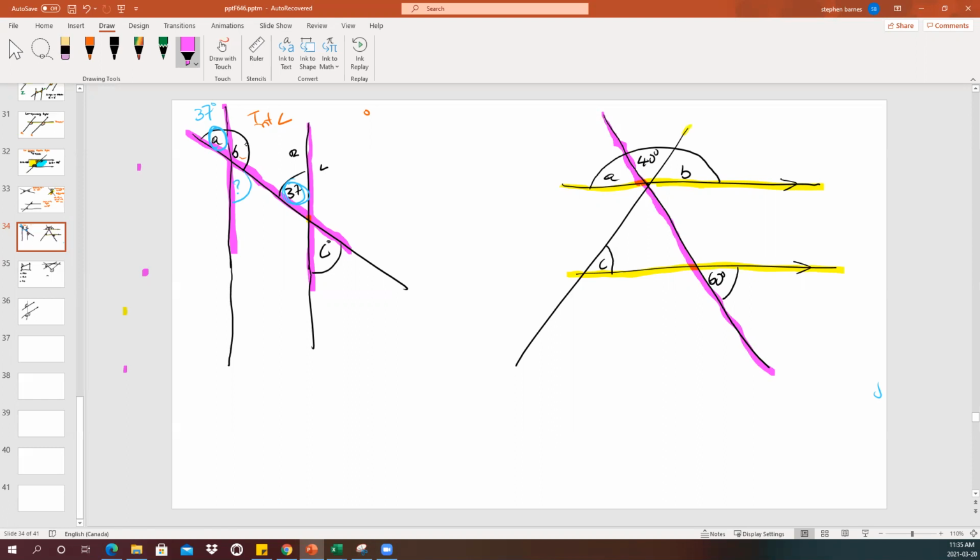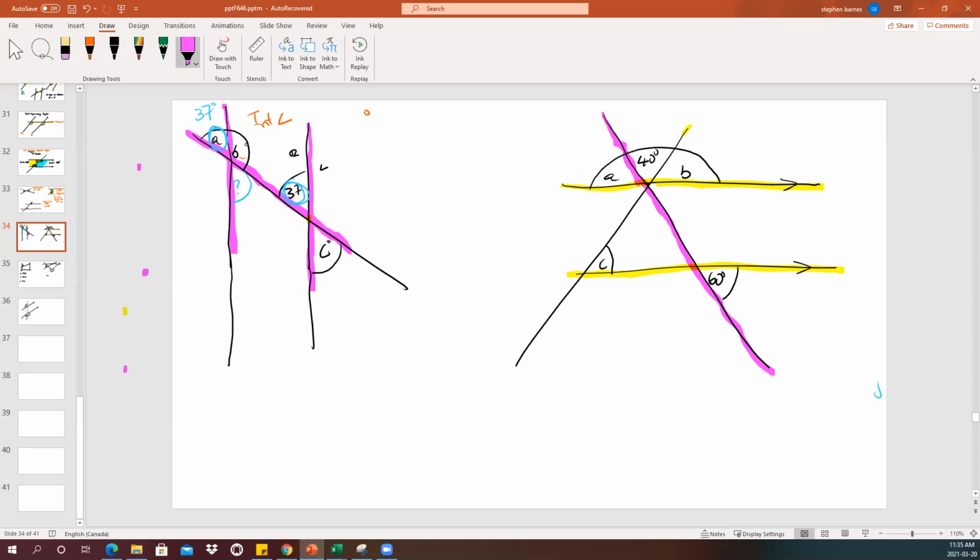Now, you can go through it as a trial and error thing to see if your Z angle can help you out, to see if your complementary angle can help, and so on and so forth, right? You can go through it like that. Or as you look at it, you spot something, that is also something that you can do as well, right?